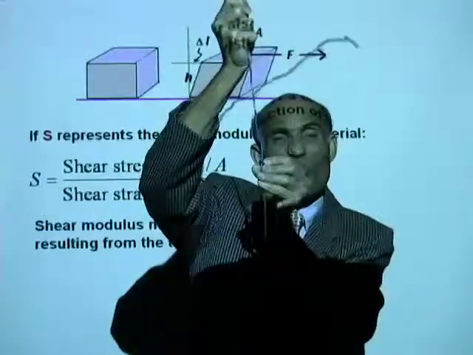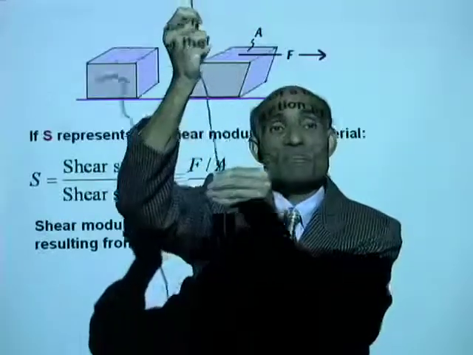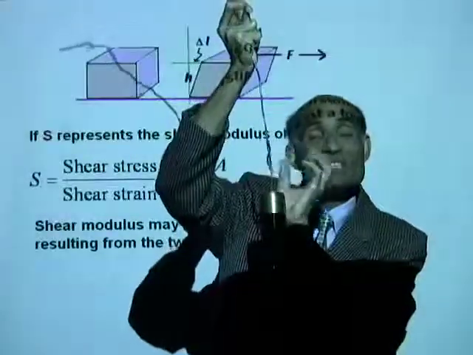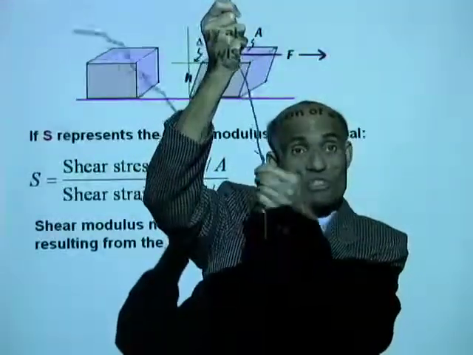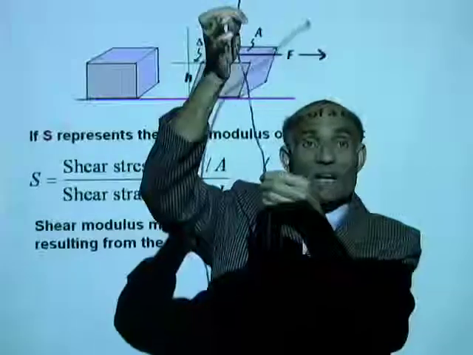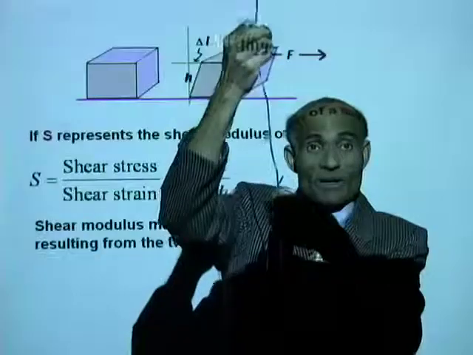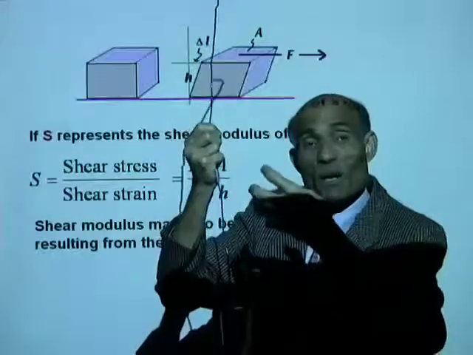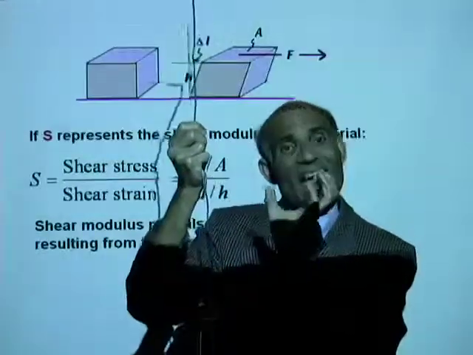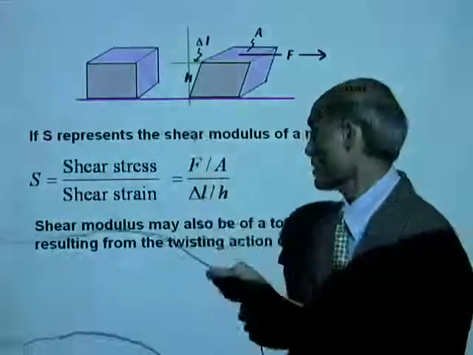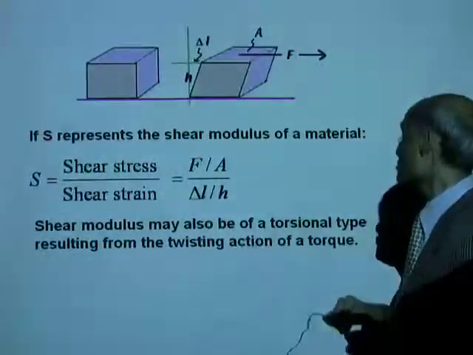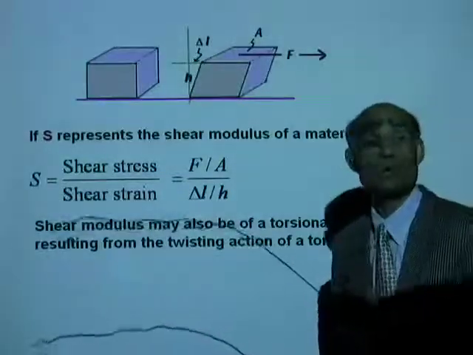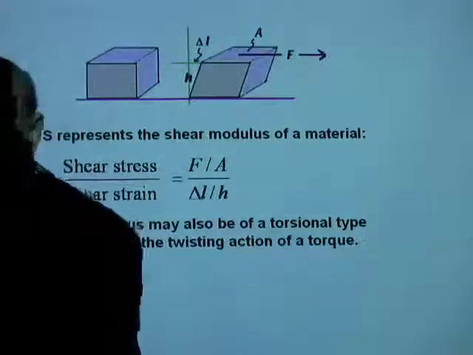In other words, this shear modulus is kind of a torsional modulus. You see, the change in angle is actually producing a twisting of the wire. Now, it is fixed where I'm holding. That means the wire is now being twisted, and the shear strain is the angle of twist. So, the shear modulus may also be a torsional type, resulting in the twisting action of a torque. Now, you understand what that means.